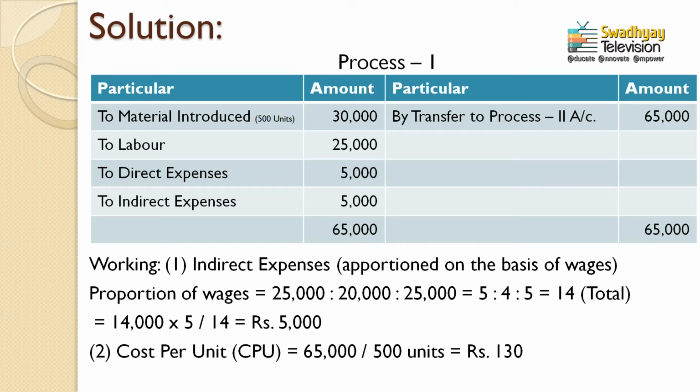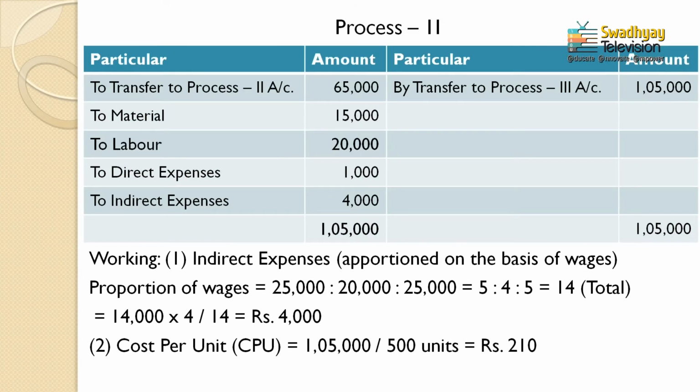So now moving to the next part. This is what we already mentioned: the process 1 finished goods become the raw material of process 2. So see here in the process 2 debit side, the first item comes from the process 1 account. Here it should be written transfer from process 1. It is actually written process 2; no, it is process 1. So here on the debit side, transfer from process 1, 65,000 rupees.